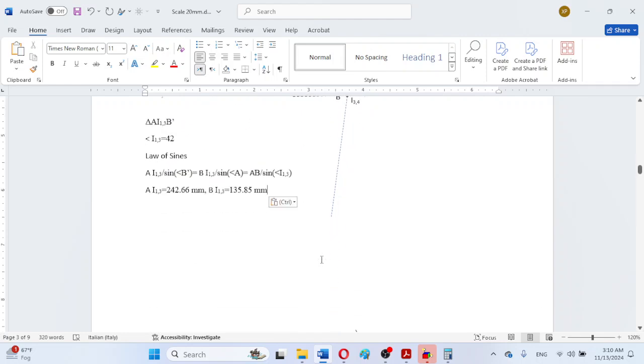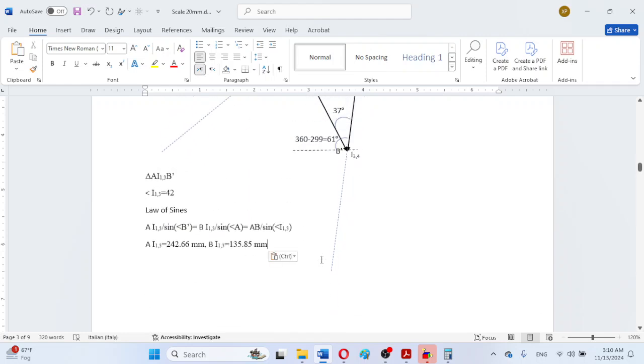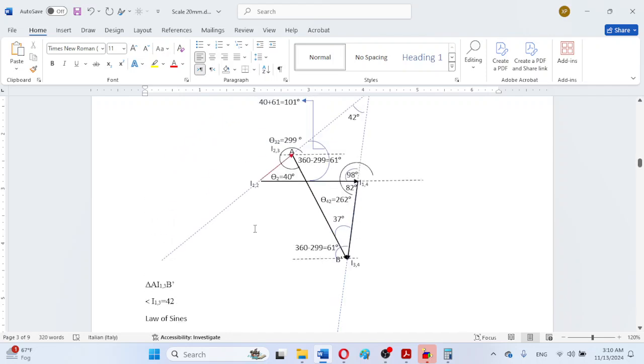So as AB is equal to 120 multiplied by sine of beta, and beta is the angle at B, which is 37 degrees.